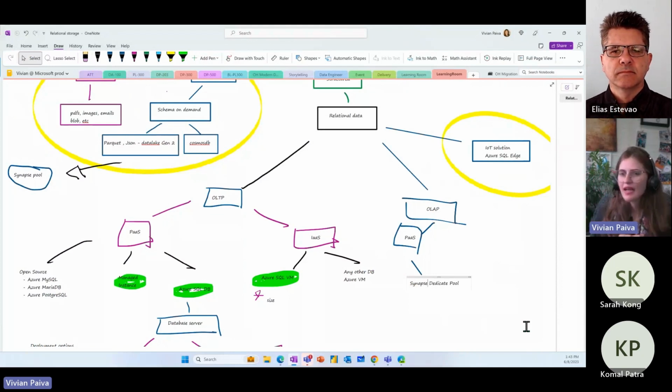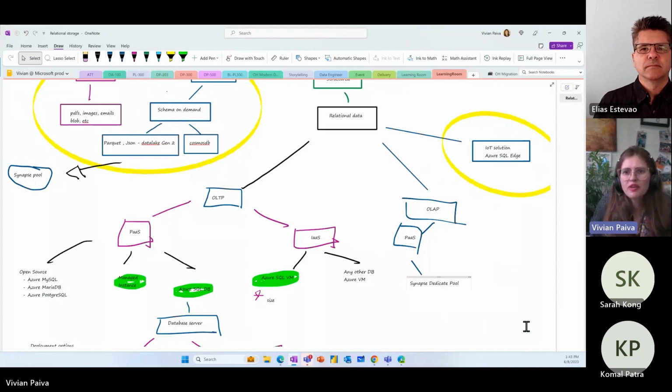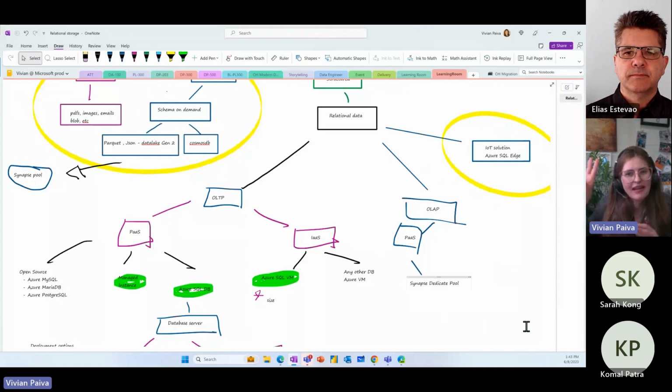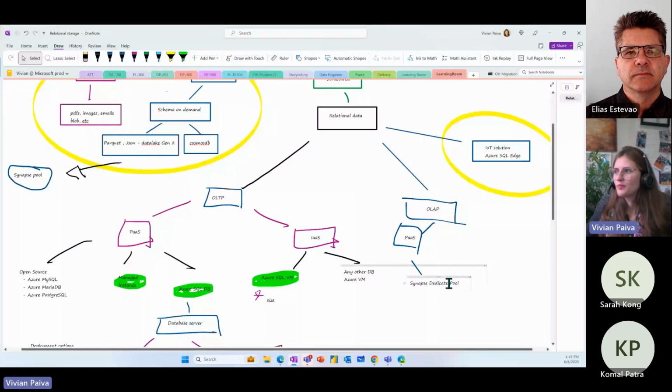When we're talking about Synapse, we provision the DWUs, similar to what we have with DTU. So that is also going to affect the performance. When we want these environments where we are doing massive parallel processing, and we want to build this traditional data warehouse, what we have there is the Synapse dedicated pool.